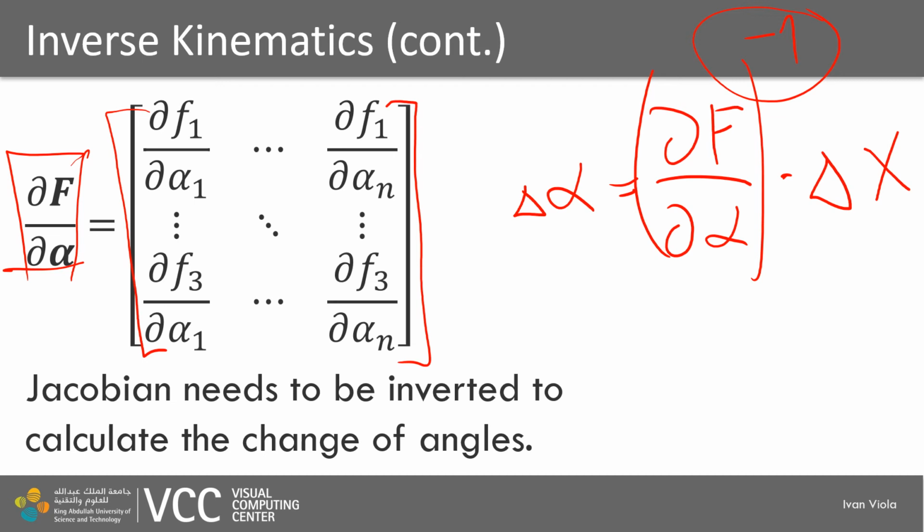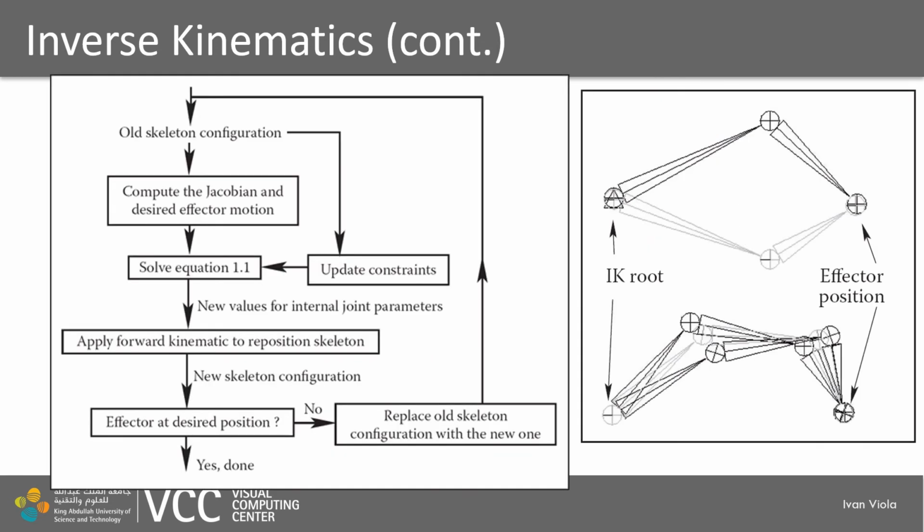Therefore, often, instead of the inverse, we compute the transpose. So this matrix will not be inverted, but it will be transposed. And we will then calculate this solution with the transpose.